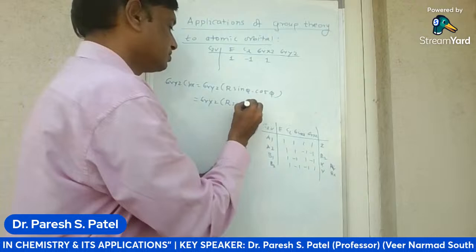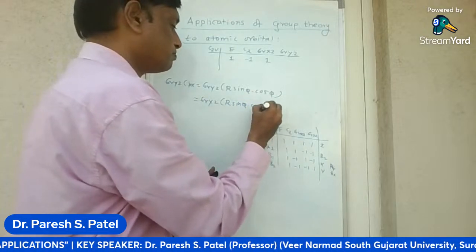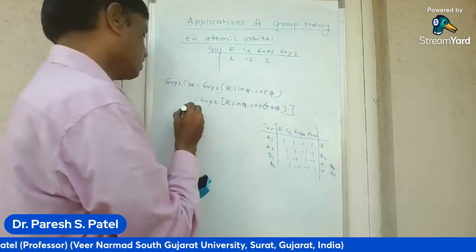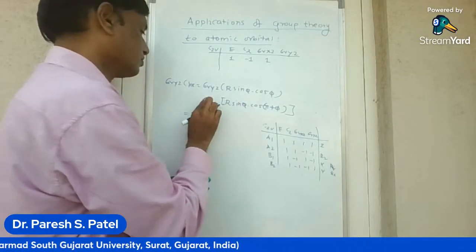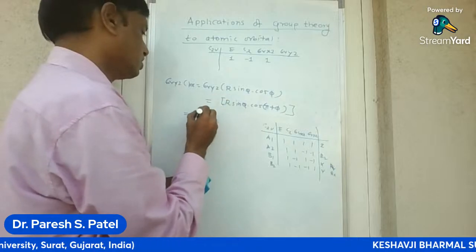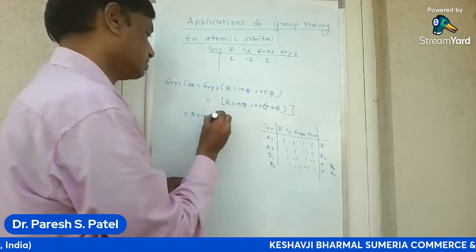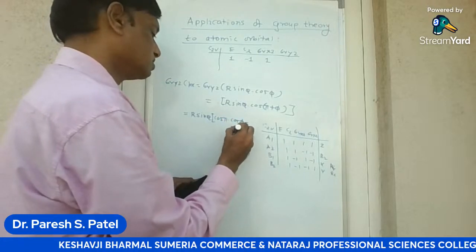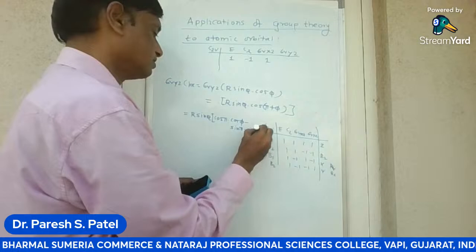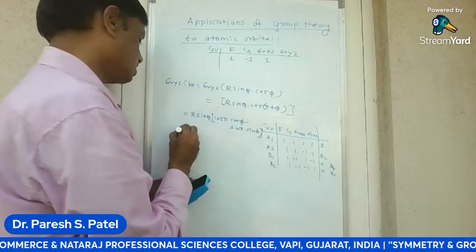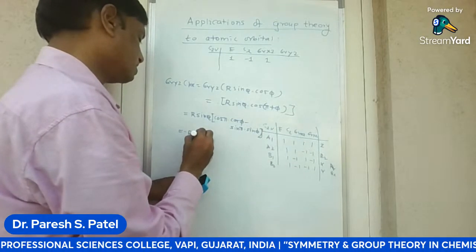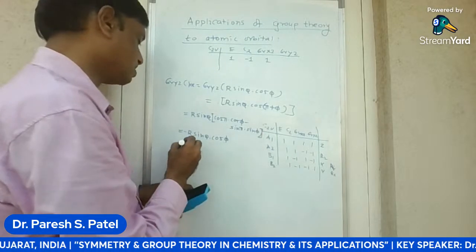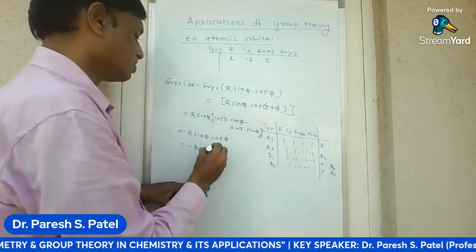So R sin theta cos of phi plus pi is equal to R sin theta, cos phi minus sin phi, which is equal to minus R sin theta cos phi. Cos pi is equal to minus 1, sin pi is equal to 0, so this is equal to minus Px. So the character is equal to minus 1.